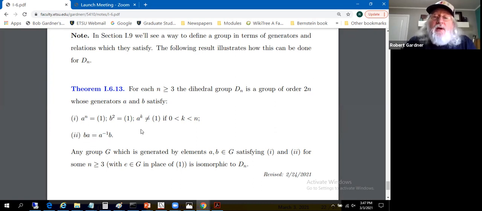So the claim is the dihedral group is of order 2n and its generators satisfy these conditions. In addition, any group that's generated by two elements that satisfy these conditions is isomorphic to the dihedral group. So there's some uniqueness claim. This information uniquely determines the dihedral group.